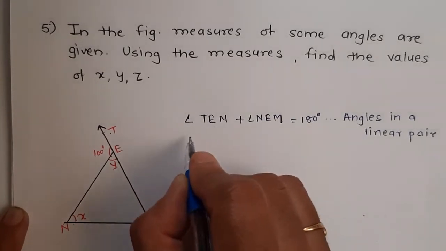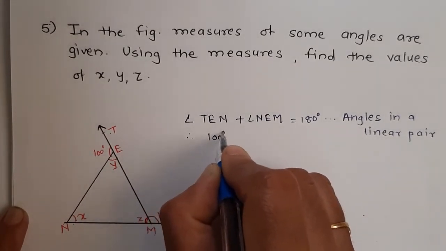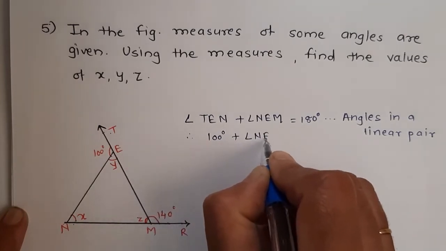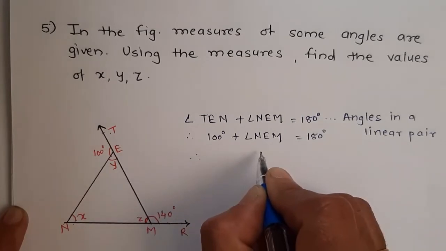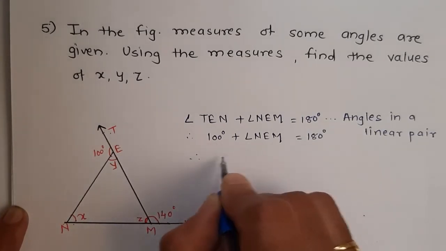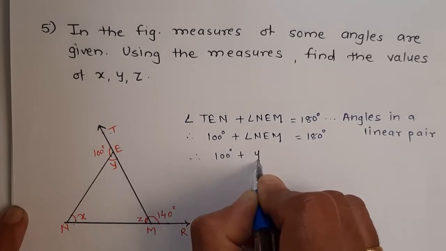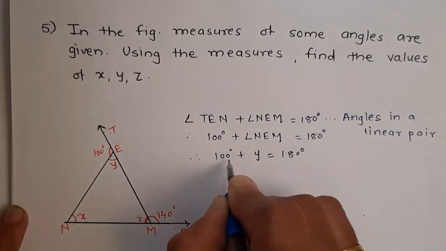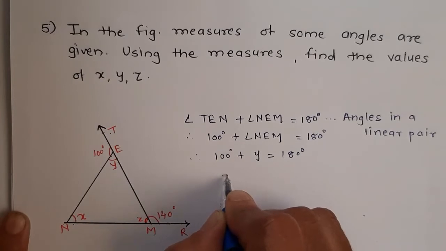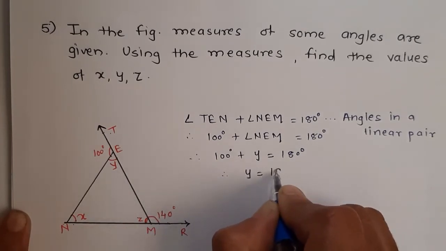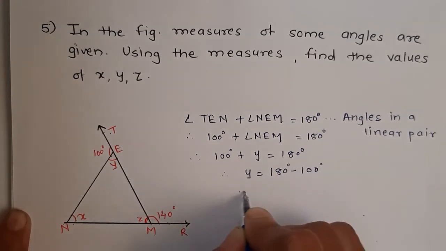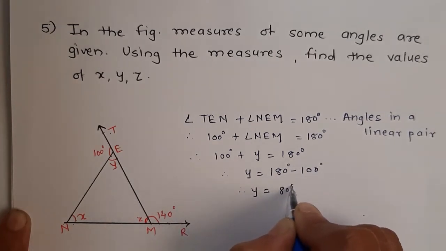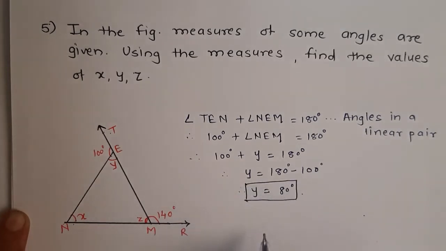Out of these two, one angle is given: TEN is 100 degrees, plus angle NEM equals 180 degrees. Now angle NEM is nothing but y, so instead of NEM we can put y. 100 plus y equals 180 degrees. When we shift the 100 to the right-hand side, it becomes minus. So y equals 180 minus 100. So we get y equals 80 degrees. Okay. Similarly, we can find the values of x and z.